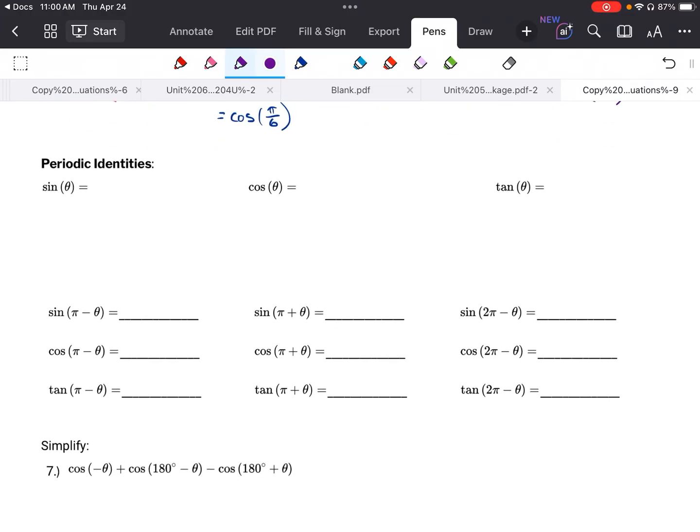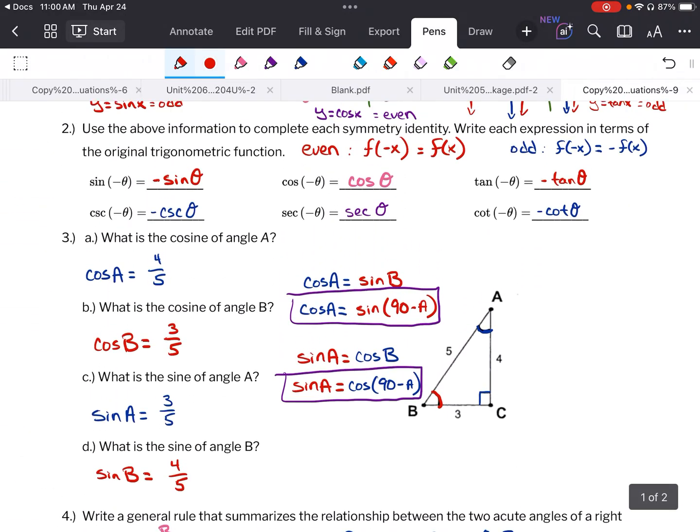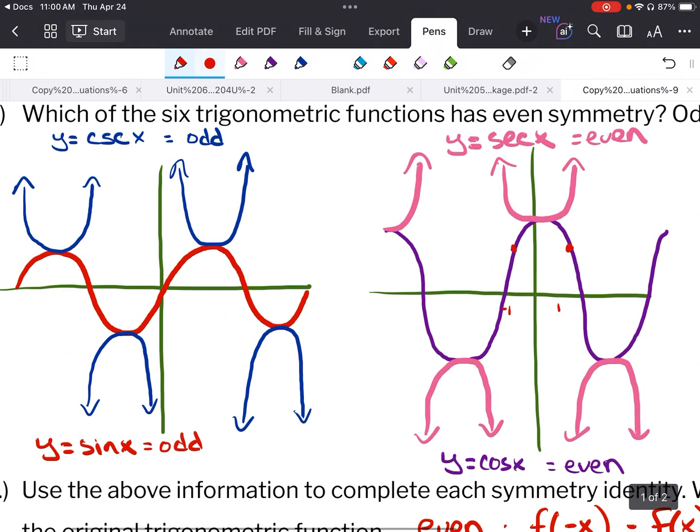Great. Periodic identities. So periodic identities are like coterminal angles. Okay, so we're adding something. If we look way at the top, our sine function, here's where it starts.